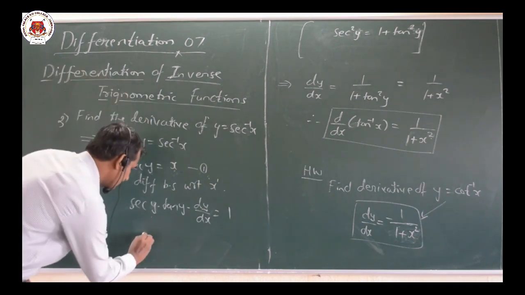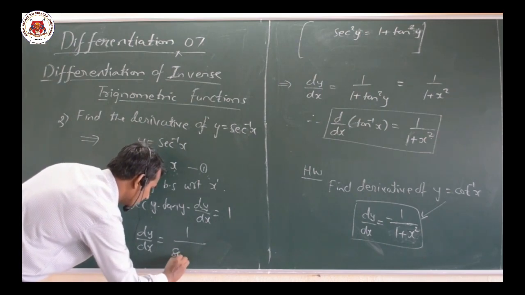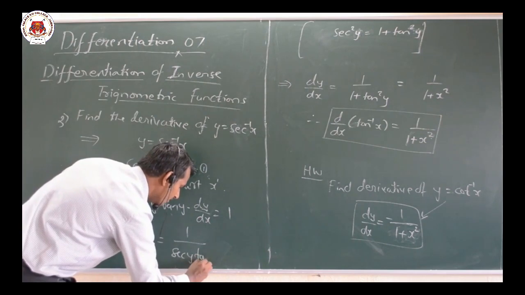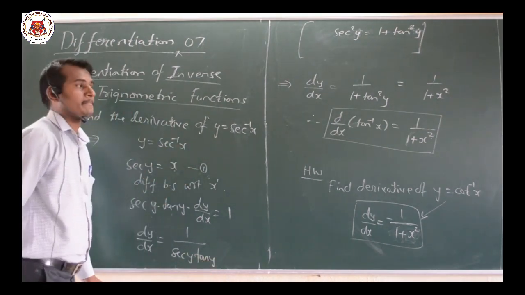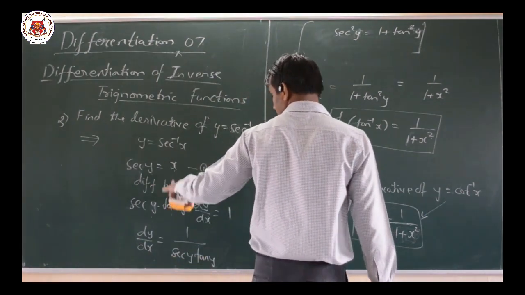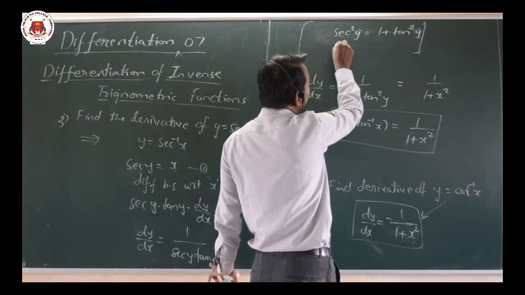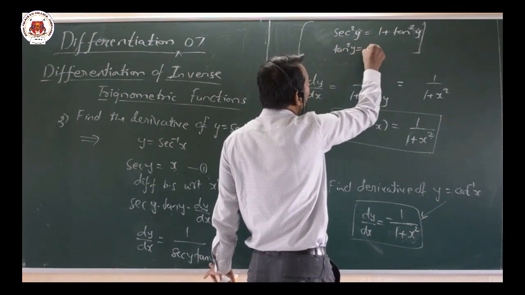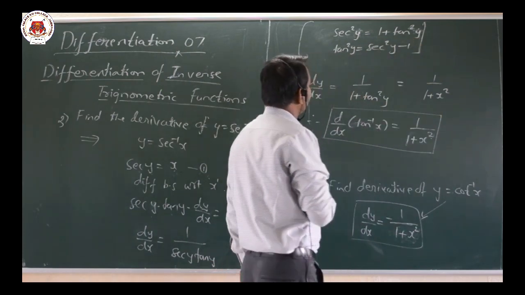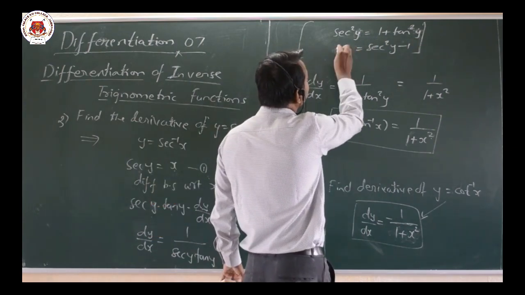Now dy by dx value is 1 divided by secant y into tan y. Since we know the formula, secant y has the value x, so I can substitute it easily. But for tan y, tan square y equals secant square y minus 1.